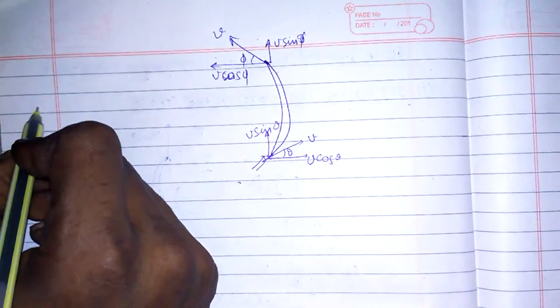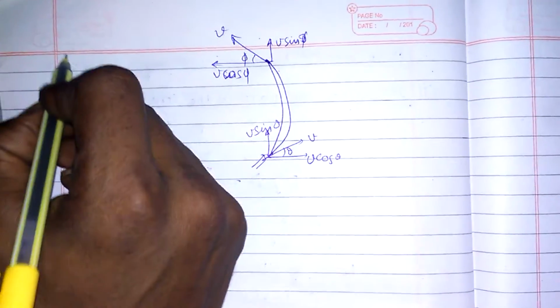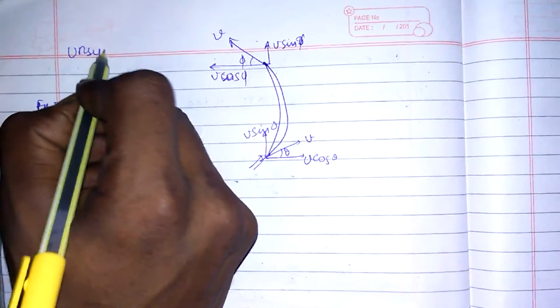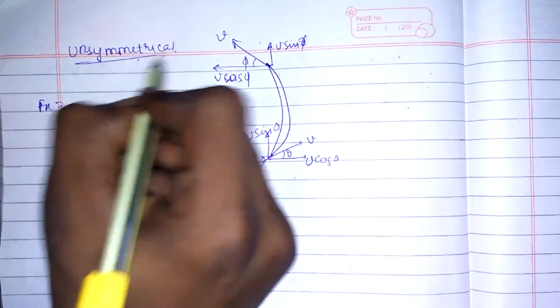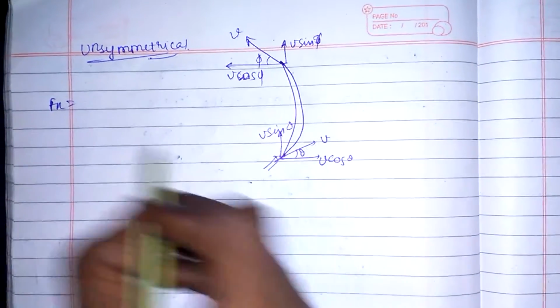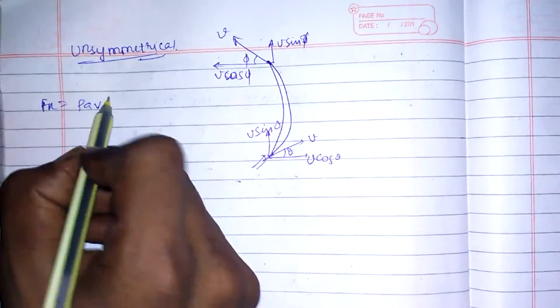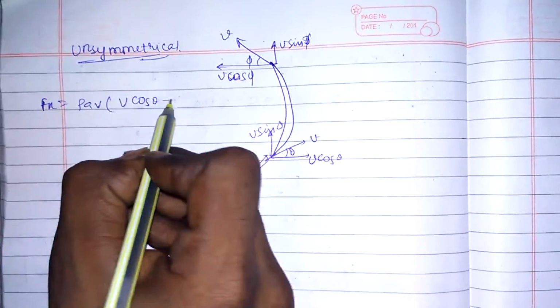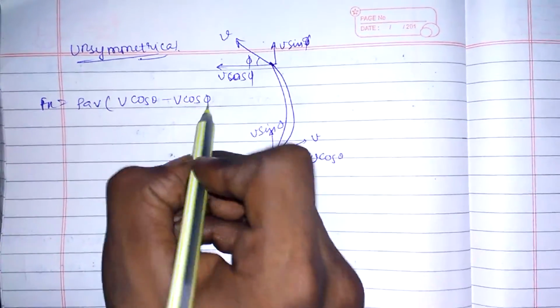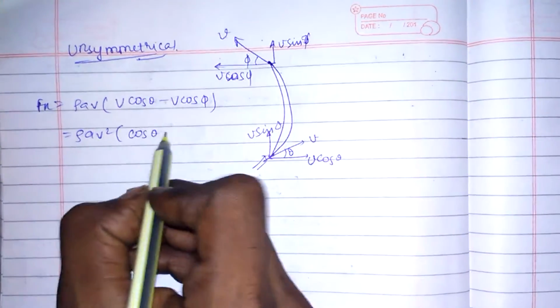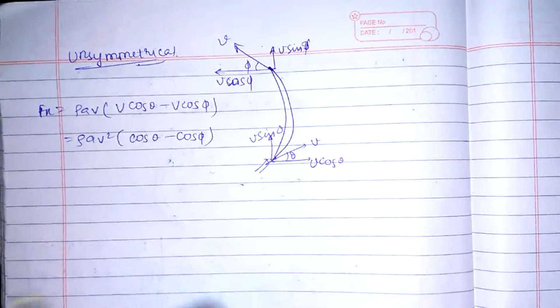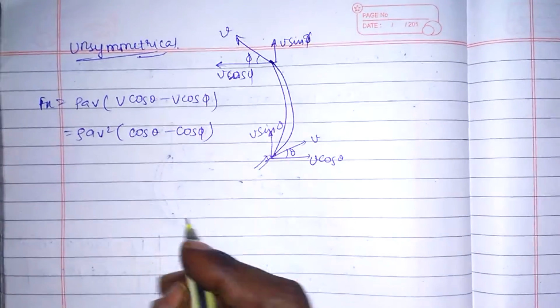Now the force in the x direction and y direction for the unsymmetrical case. Fx would be equal to rho a v times v cos theta minus v cos phi. So it would be equal to rho a v square, cos theta minus cos phi. It is very easy.